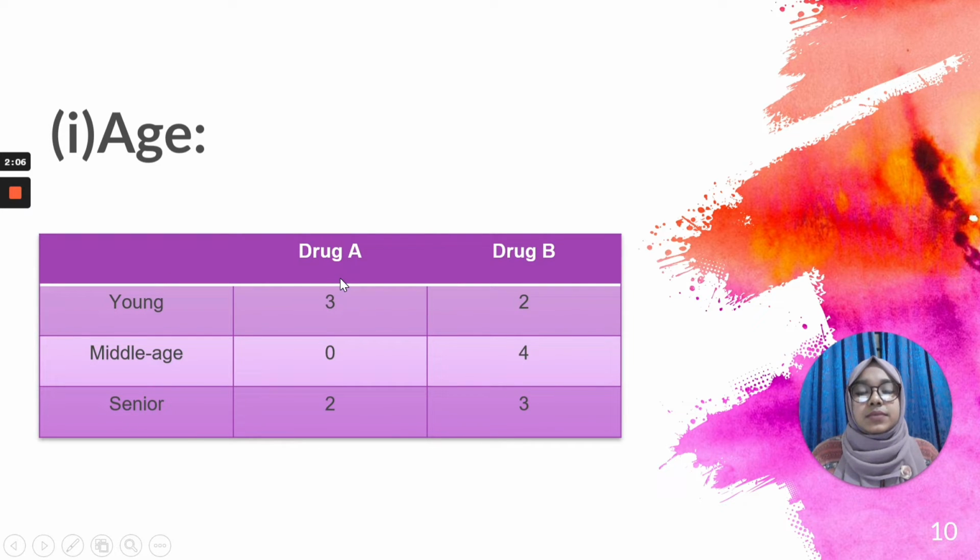And the target attribute values are drug A and drug B. Young taking drug A is 3 and young taking drug B is 2. Then middle age taking drug A is none, that's why in this field we put 0. Then middle age taking drug B is 4. Senior taking drug A is 2 and senior taking drug B is 3.